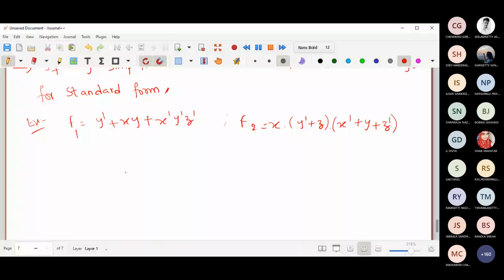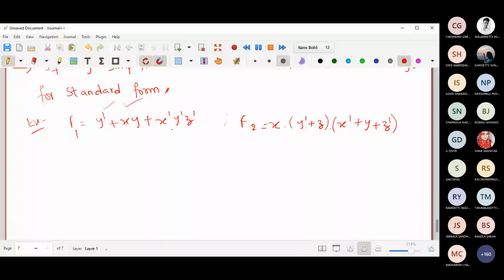How we can say standard form is, just now I said here. Suppose f1, how many variables are there here? X, Y, Z, three variables. These three variables should be covered in all the terms. The three terms are y bar, xy, x bar y bar z bar. In the first and second term, all variables are not covered.